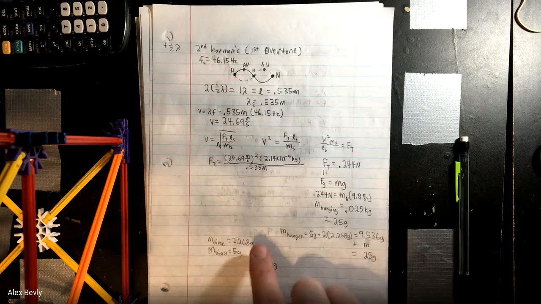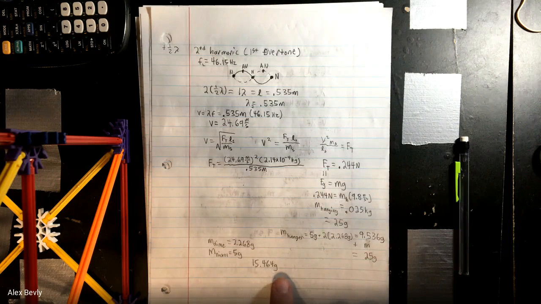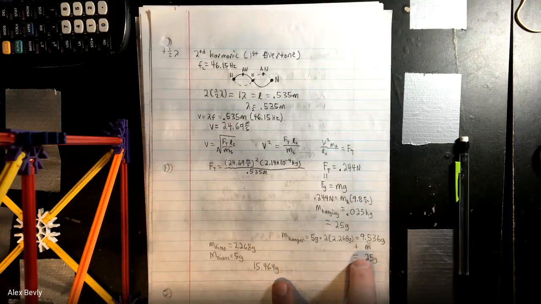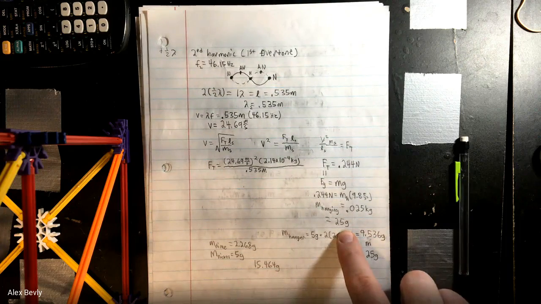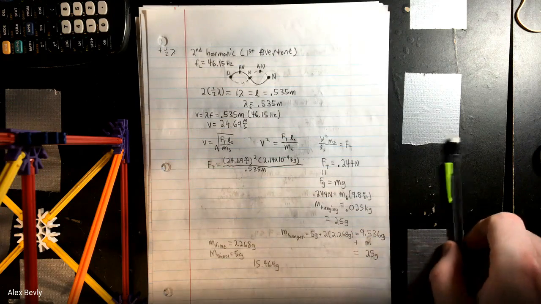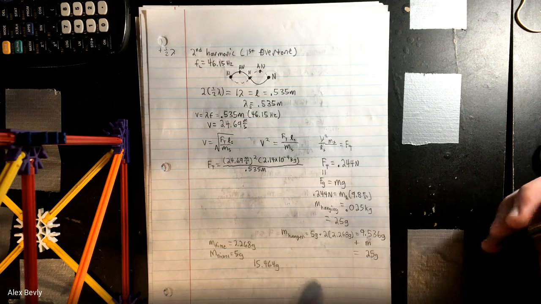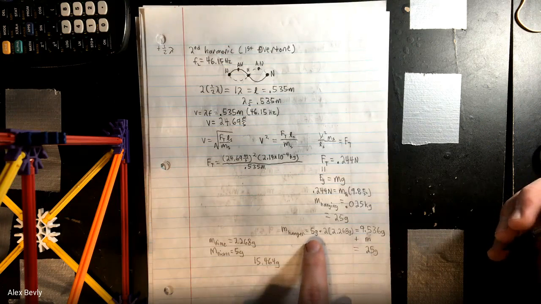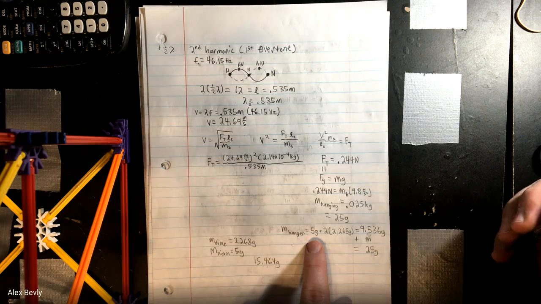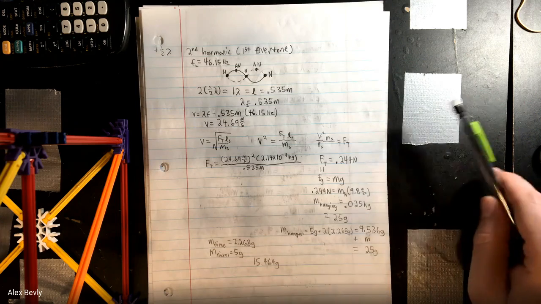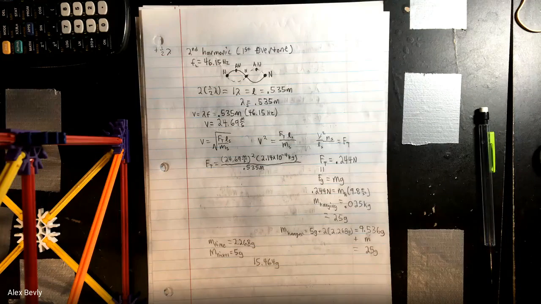We were trying to figure out how much to add to that, but we ended up adding a different amount. We wanted 25 grams, but we got there by adding, what did we end up doing? I didn't write it on here. I don't know the exact number of coins I added, but that should be in the lab.